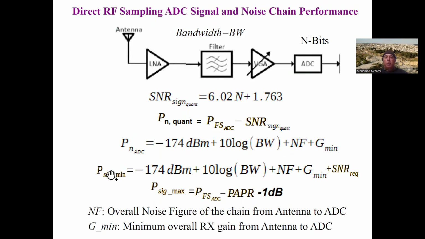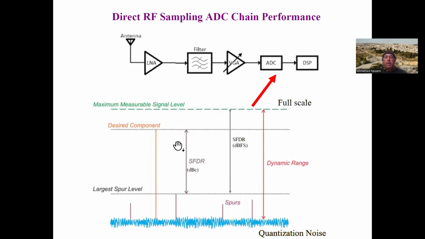Now, of course, this is the minimum detectable signal, but the maximum detectable signal is always going to be the top ceiling of the dynamic range that will prevent the ADC from clipping, and therefore that is really the full scale. We just go below that by the peak to average ratio and then subtract 1 dB. That's basically in here.